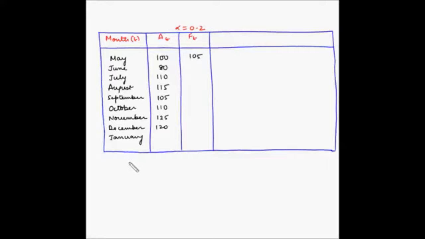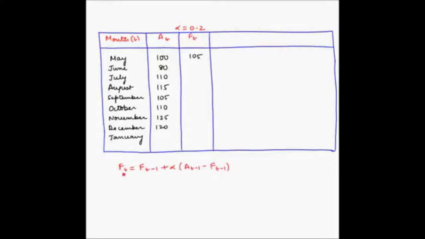Now let's note down the formula for calculating forecast using the exponential smoothing method. As per the exponential smoothing method, forecast for period t is equal to the forecast for period t minus 1 plus alpha into bracket the actuals for period t minus 1 minus the forecast for period t minus 1.